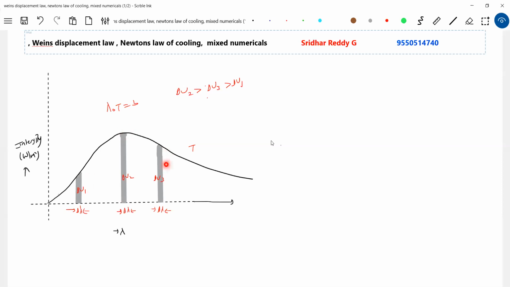If I compare the areas, what do you know? The area under the curve will give the total energy radiated. So this area definitely will be more because I took equal widths.